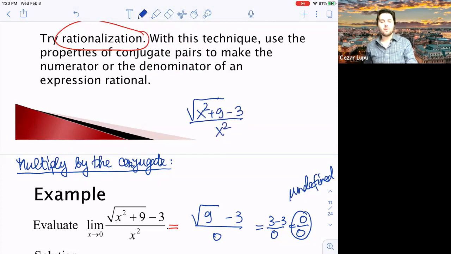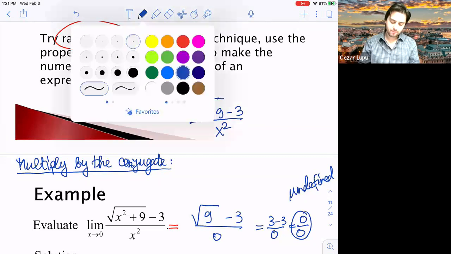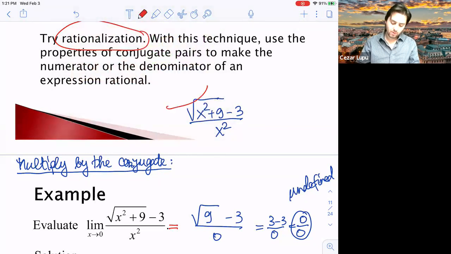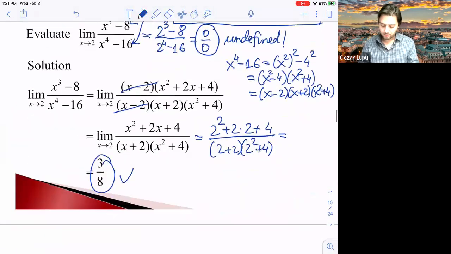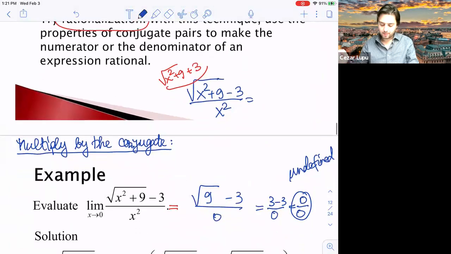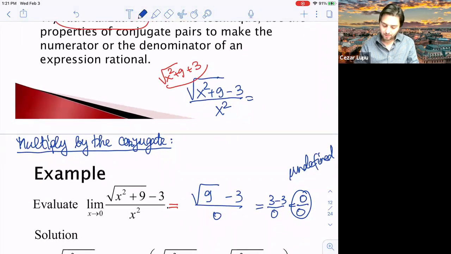You see, can you tell me where you have radicals here? On the top, right? So maybe we can multiply by the conjugate, which is the square root of x squared plus 9 plus 3, right? So once you do this by multiplying by the conjugate, basically you multiply the top and the bottom by this.